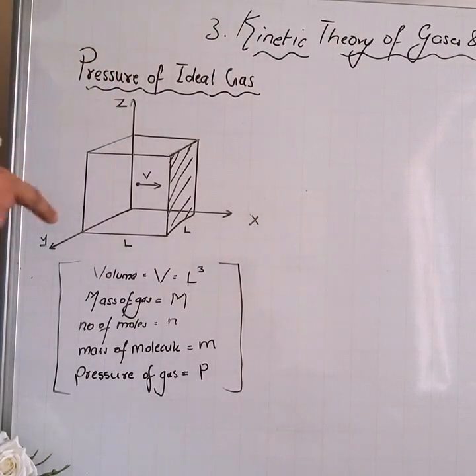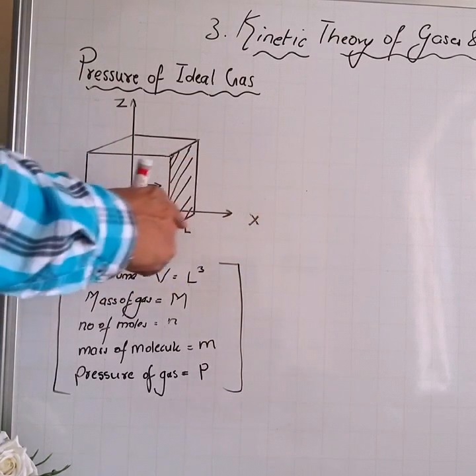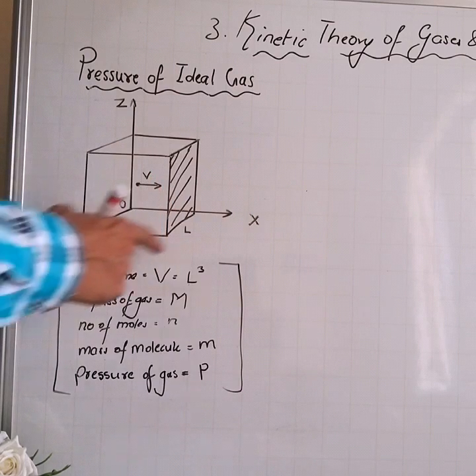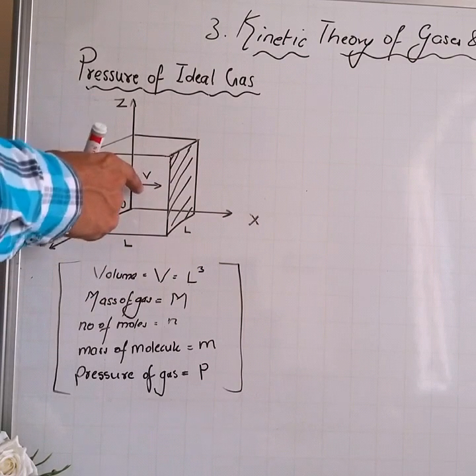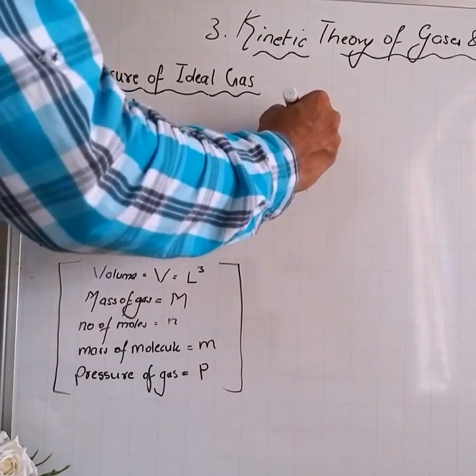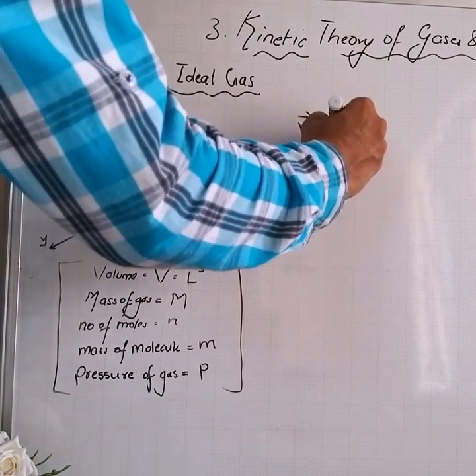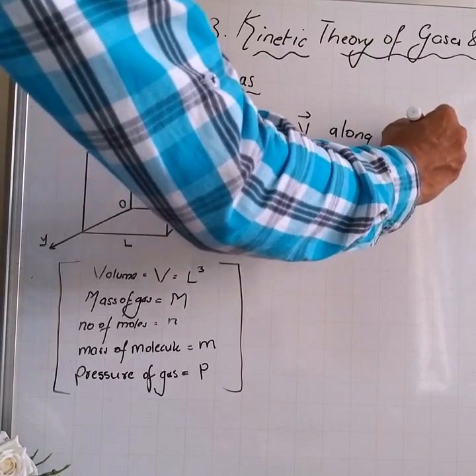which is moving along the x-axis. Now one thing I didn't tell you, I consider three edges of the cube along the three coordinate axes x, y and z. Now let us consider one such molecule which is moving with velocity v along the positive x axis.